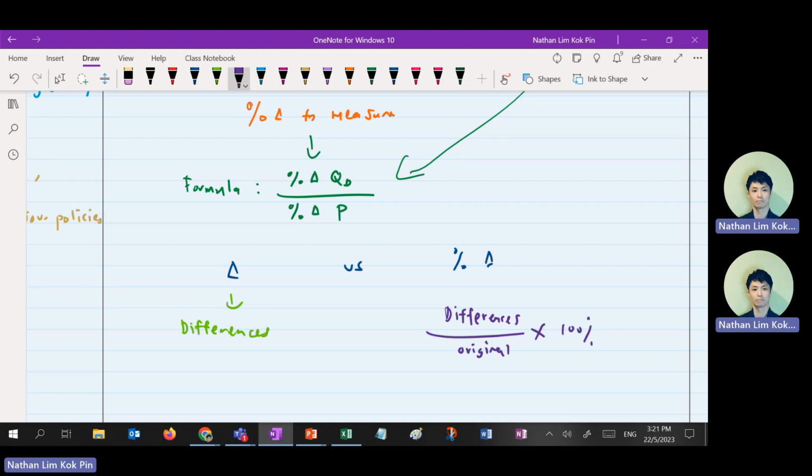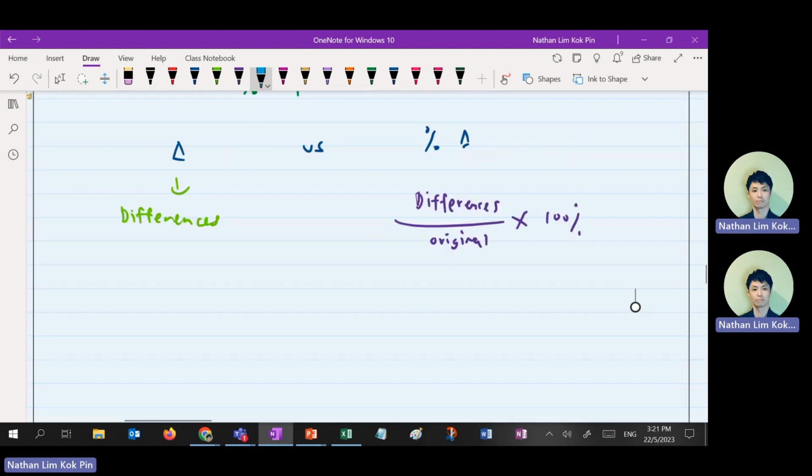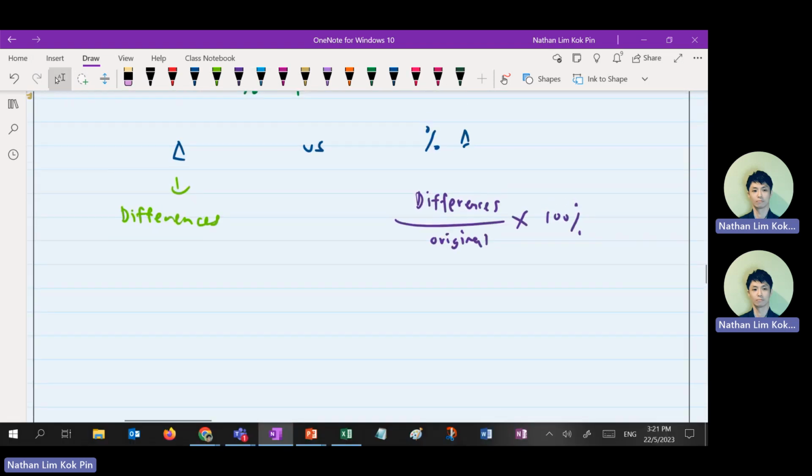That's the difference. After that, I also told you, this one, when we talk about difference, divided by differences, this one is gradient. So for this one, difference divided by original times 100%, this is not gradient. That's why elasticity is not a gradient, right?